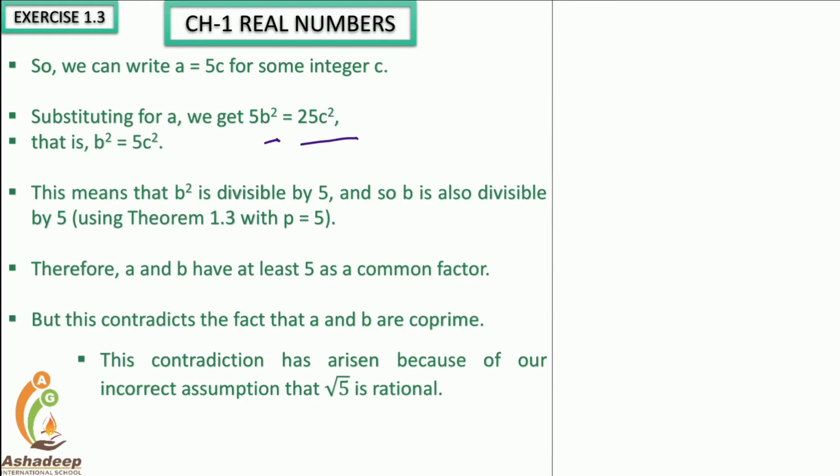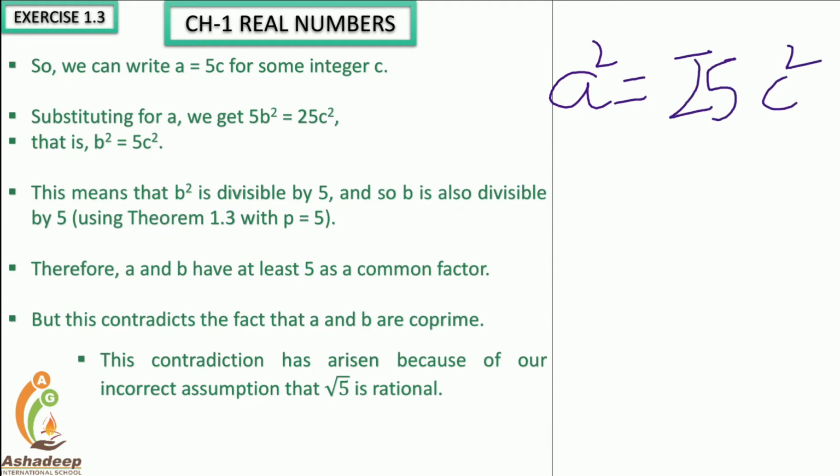How? First of all, squaring on both the sides, a square is equal to 25c square. Now you need to put the value of a. So what is the value of a? The value of a is nothing but b square root of 5.